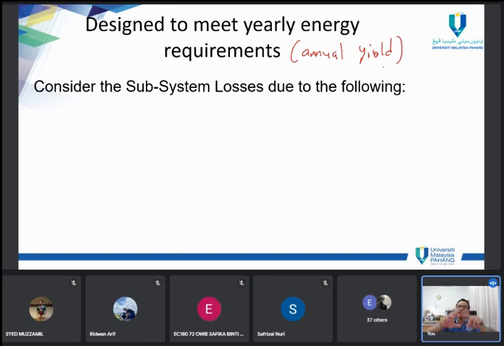In one complete PV system, there are losses. But there are also small parts, the subsystems of the full system, and there are losses there that need to be considered before we can accurately predict or estimate the annual energy yield.